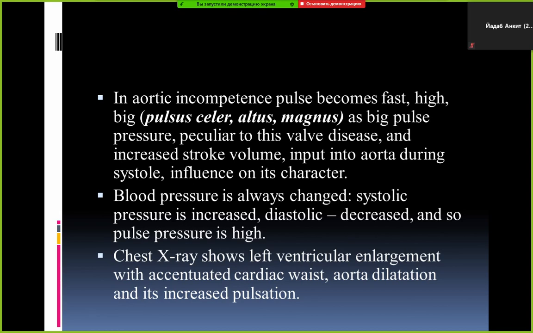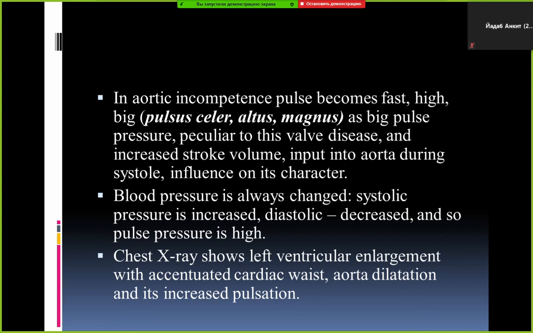So, peculiar to this valve disease, the increased stroke volume input into the aorta during systole influences the character of the pulse. Blood pressure is always changed. Systolic pressure is increased, diastolic pressure decreased, and pulse pressure is very high.